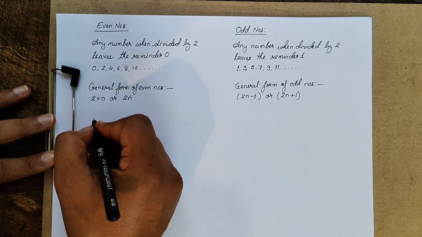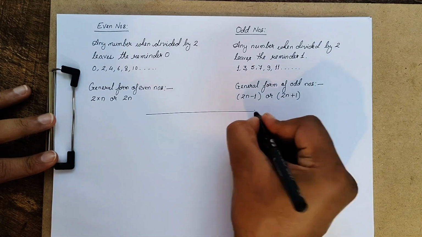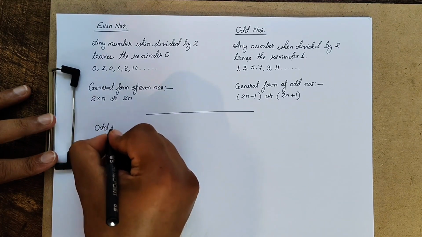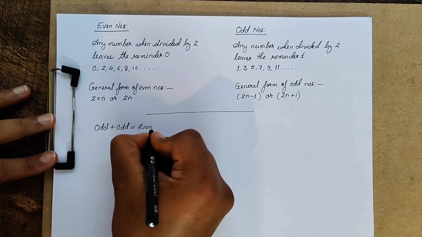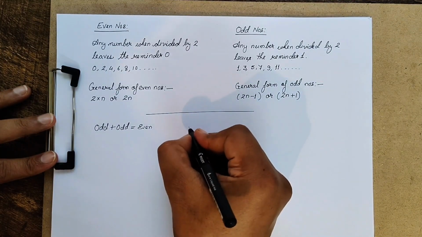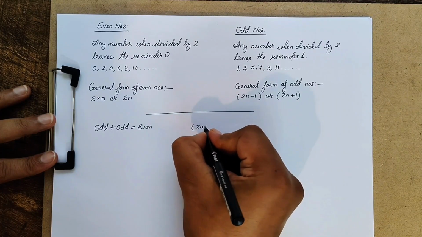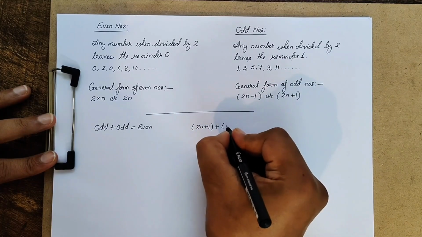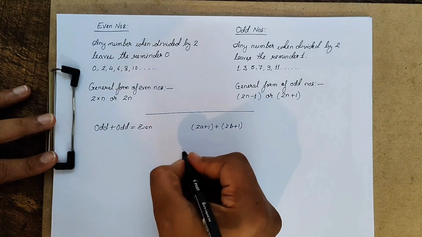Similarly, let's see some calculations of odd and even numbers. Odd plus odd is even. How? Let's see. As we said, we can denote an odd number as 2a plus 1, where a is a natural number, plus 2b plus 1, where b is a natural number.